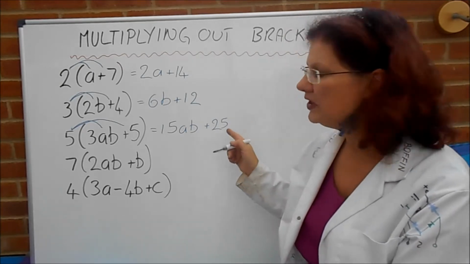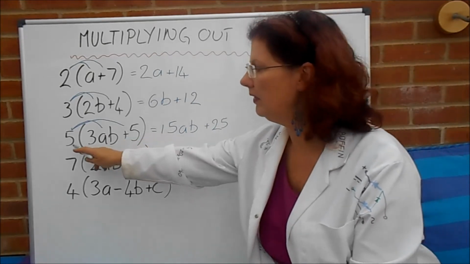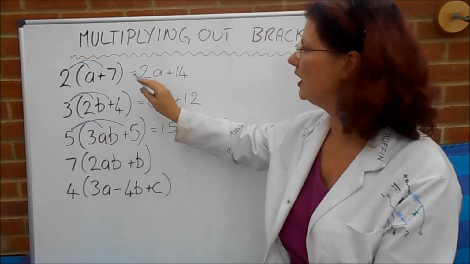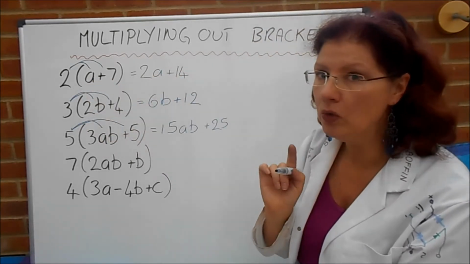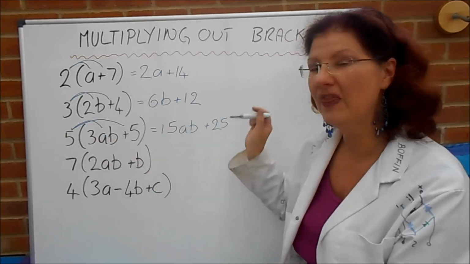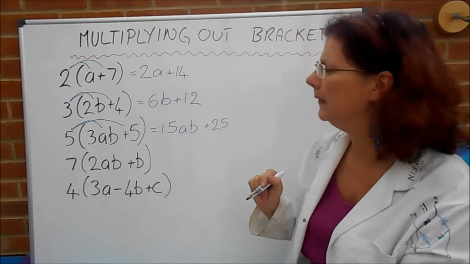Please note that the numbers here, posh term, coefficients, the 5 and the 25 are both in the 5 times table. The coefficients here are both in the 3 times table. The coefficients here are both in the 2 times table, and that will always happen. So if you're multiplying by 5 and you get a number that's not in the 5 times table, you've gone wrong. You've probably added things instead of multiplied them.